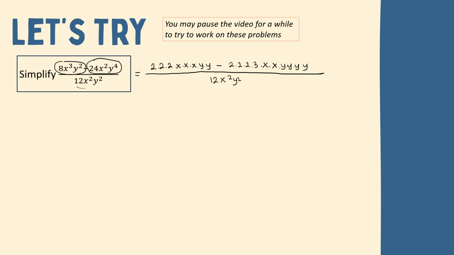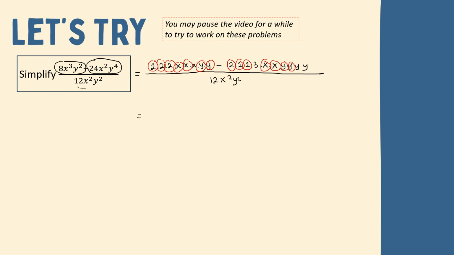It's okay. And now let's find the common factors for each term in the numerator. The common factors are 2 and 2 and 2 and x and x and y and y.